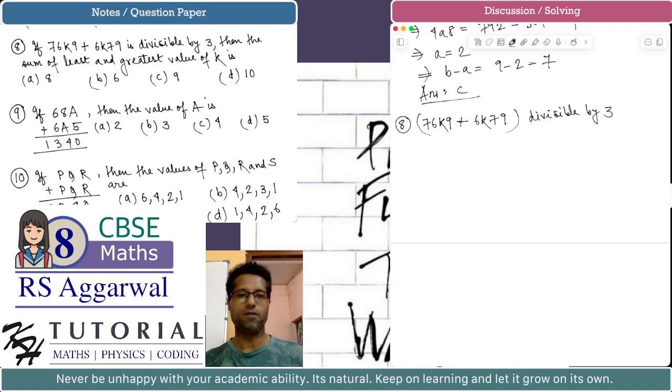Then find the sum of least and greatest value of k. We have to find the least and greatest value of k such that the sum of the two numbers 76K9 and 6K79 is divisible by 3.